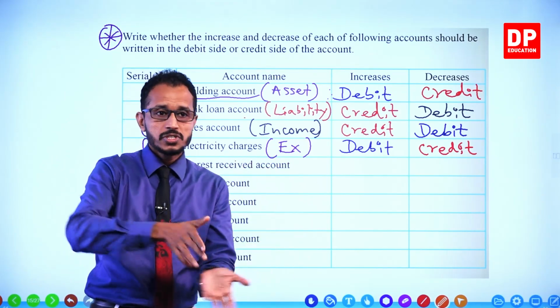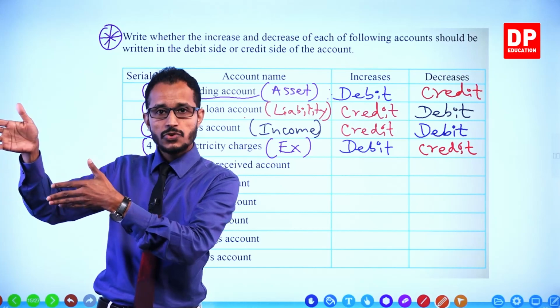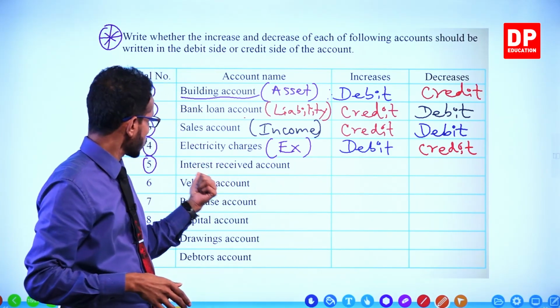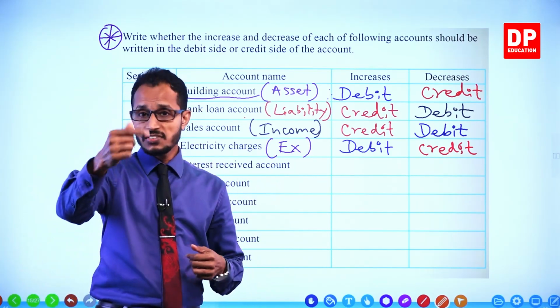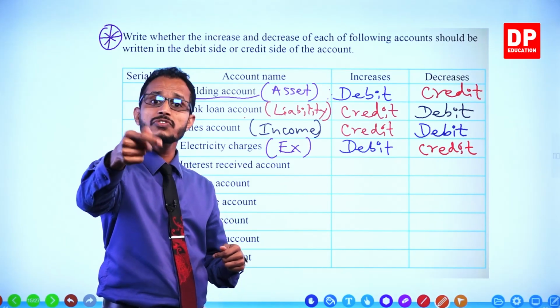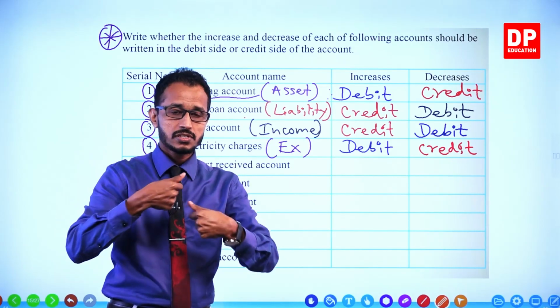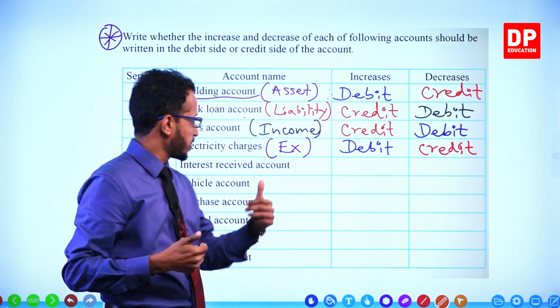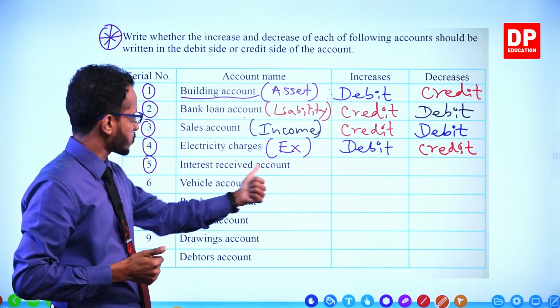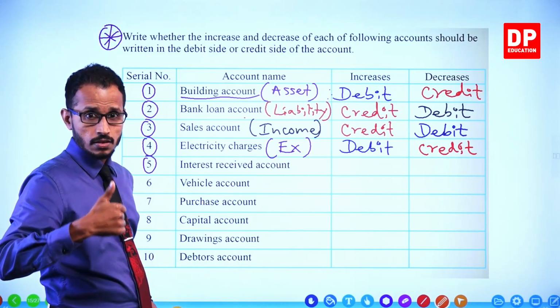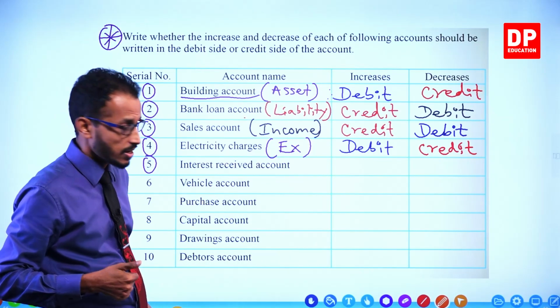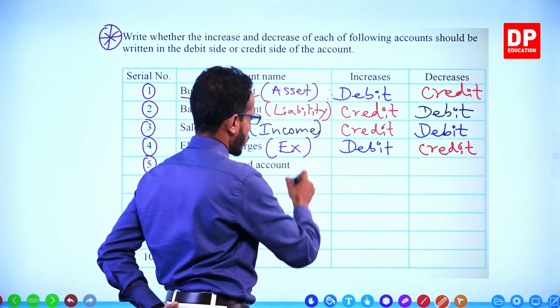But if you have deposited your money, you receive interest from the bank. This is such a case. Interest received. Income, right? Of course.